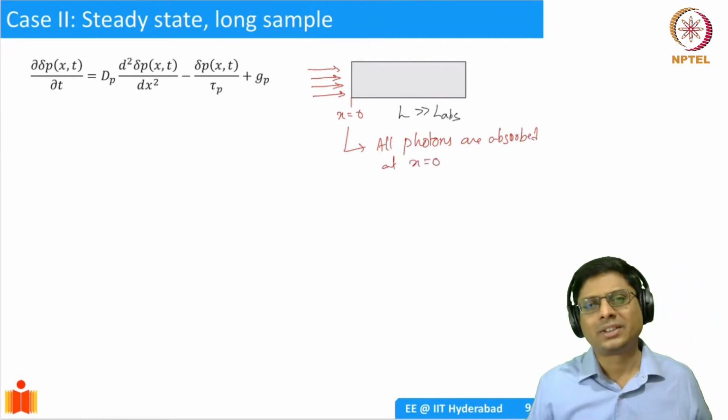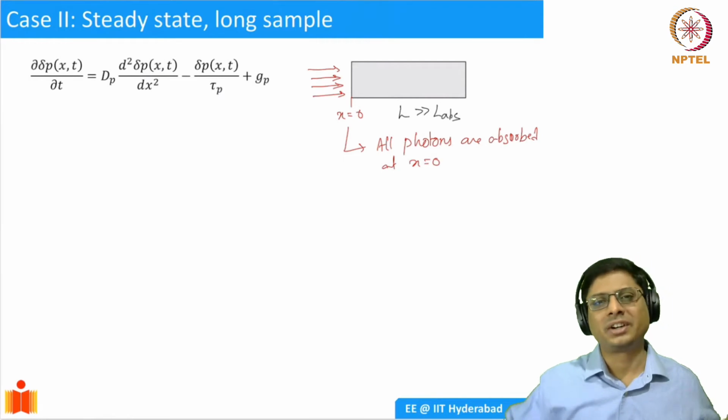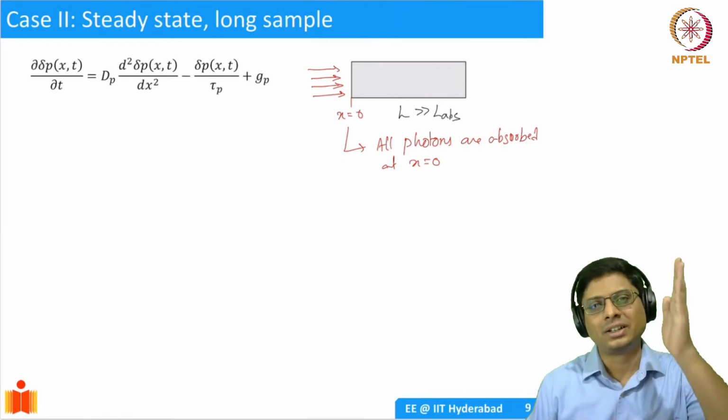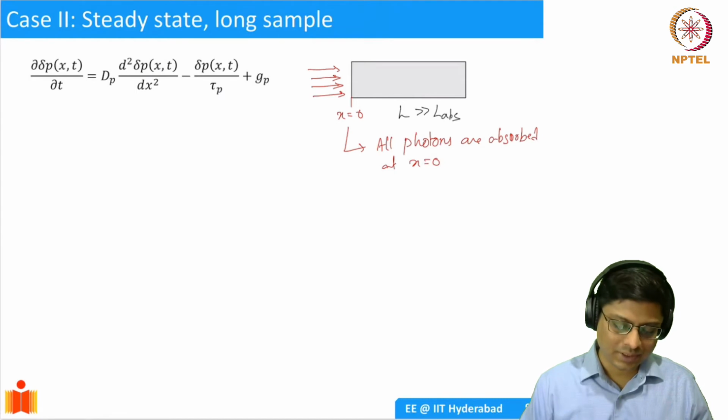The length is much longer. Let's say the photon has an absorption length of 1 micrometer or something like that. If you're considering a 10 micron or 1 millimeter sample, then essentially you could take the absorption to be happening only at x equal to 0. That's why it's a long sample, and it is still steady state.